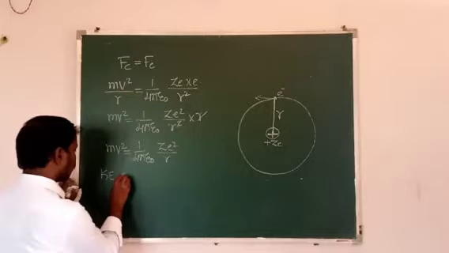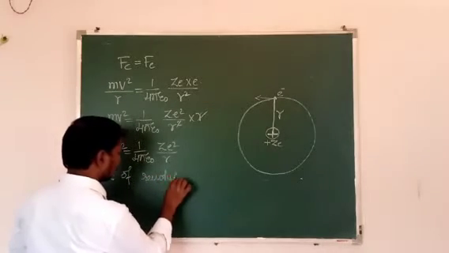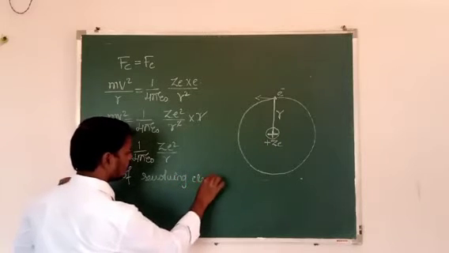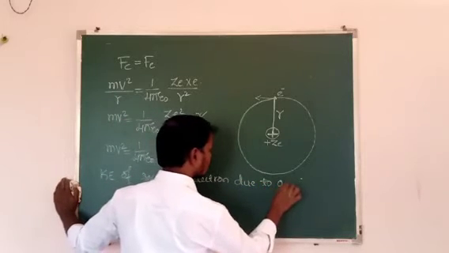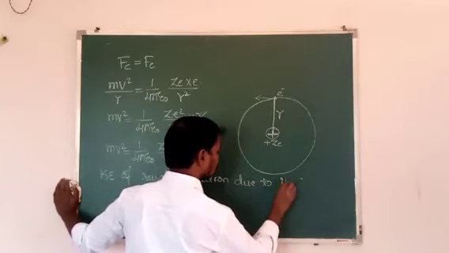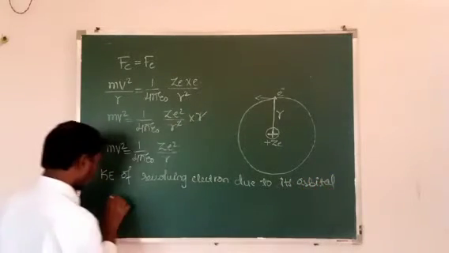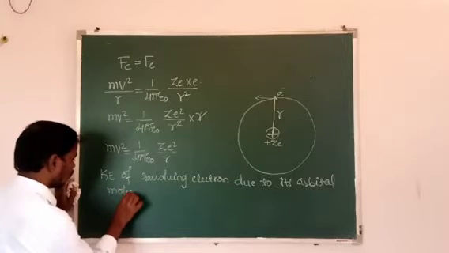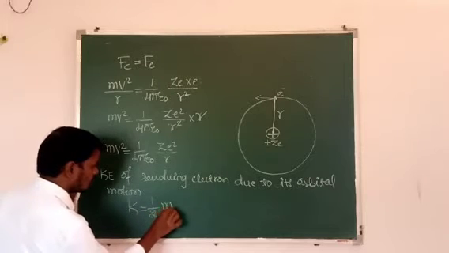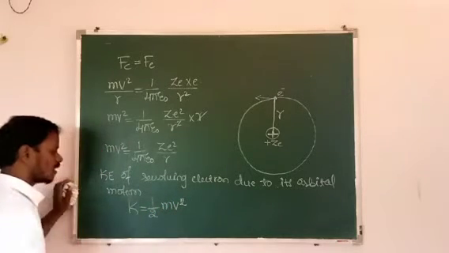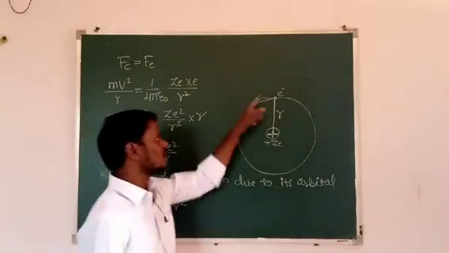Kinetic energy of the revolving electron due to its orbital motion, that is, I will write K is equal to 1 by 2 m into v square. So this is the expression used for the kinetic energy when the body is in motion. Here the electron is in motion.